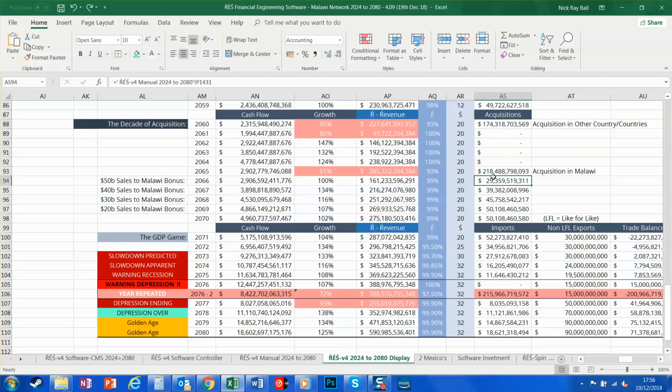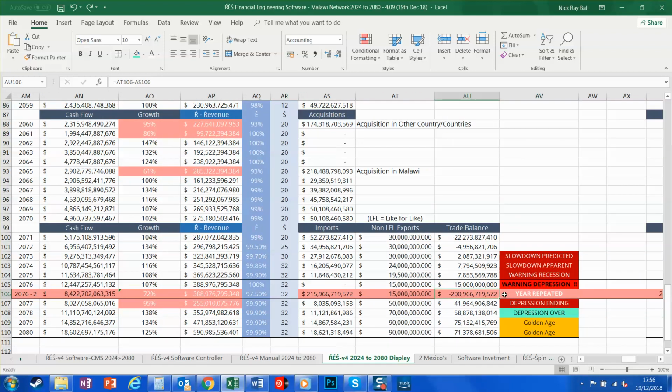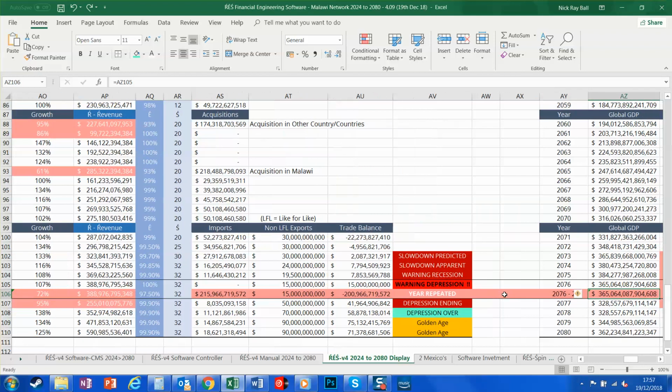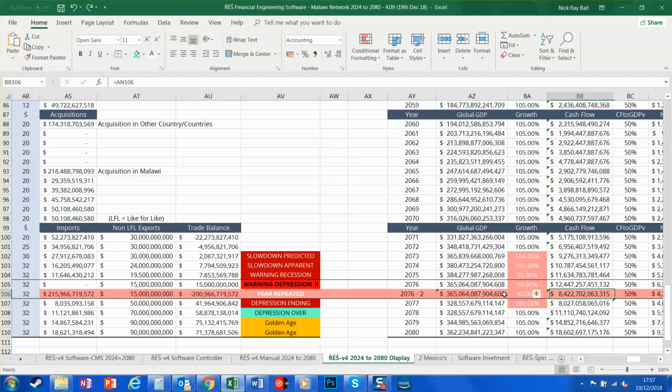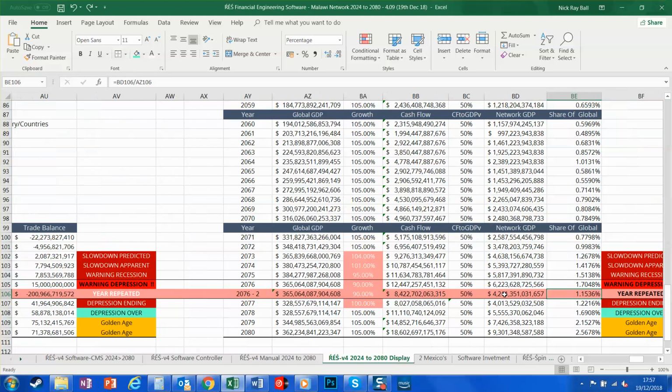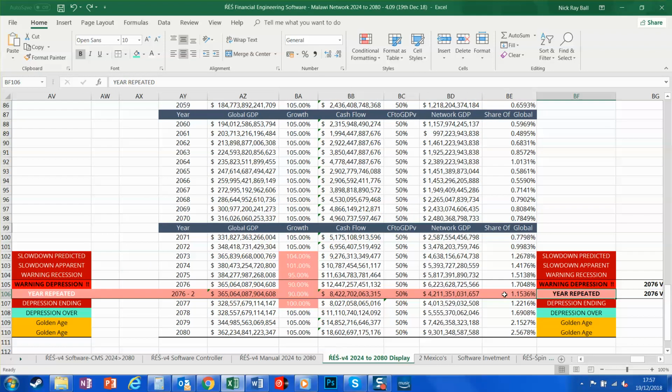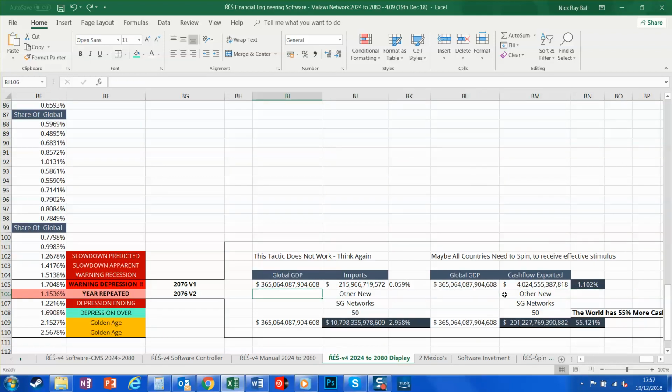Figures here, figures here, figures here, and this was to see how that would react on a global scale. And what am I looking for here? I think it's, yeah, here we go.